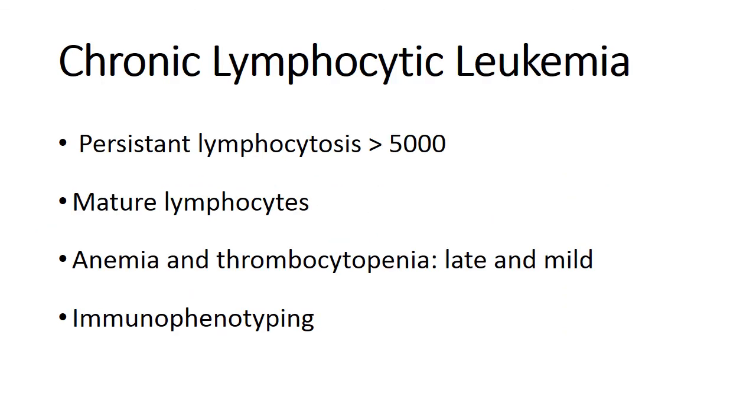In chronic lymphocytic leukemia, the complete blood count will show persistent lymphocytosis equal to or more than 5,000 per cubic millimeter. The blood film will show infiltration by mature lymphocytes, and anemia and thrombocytopenia are uncommon and late.